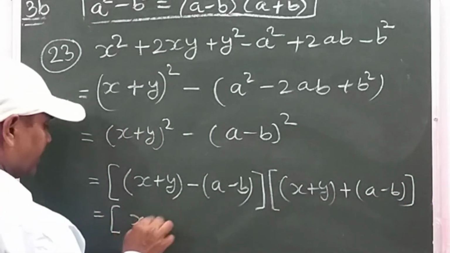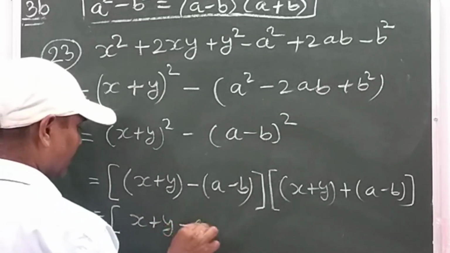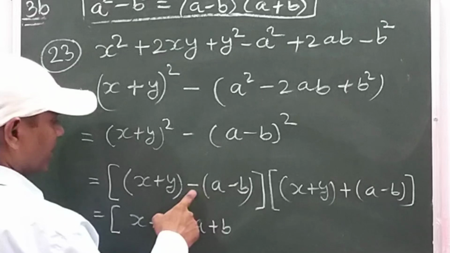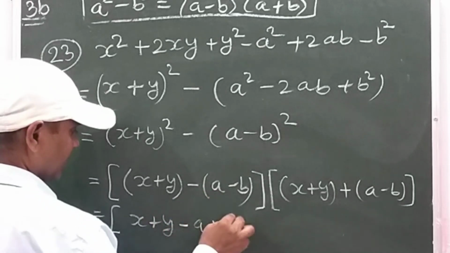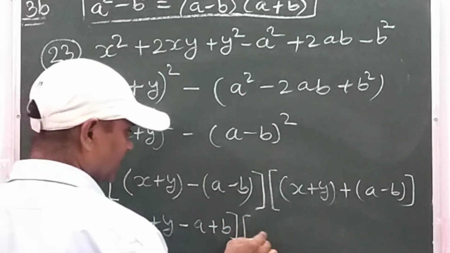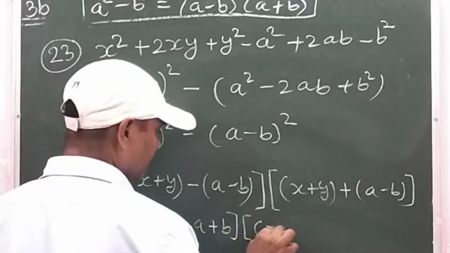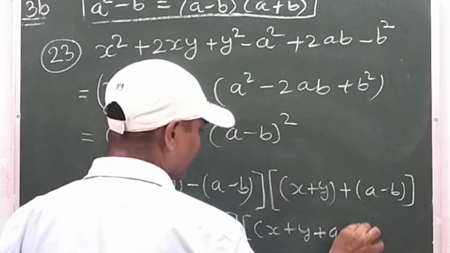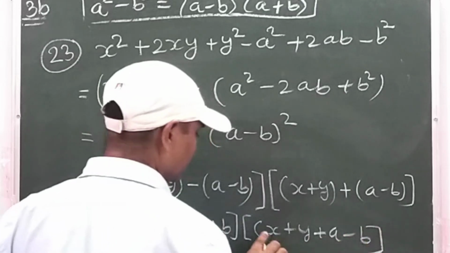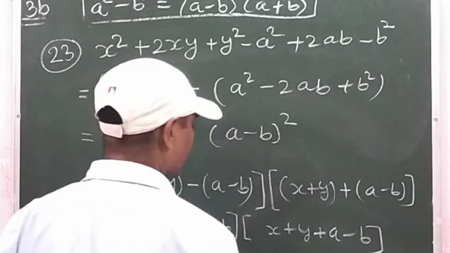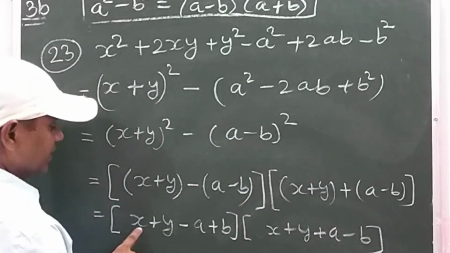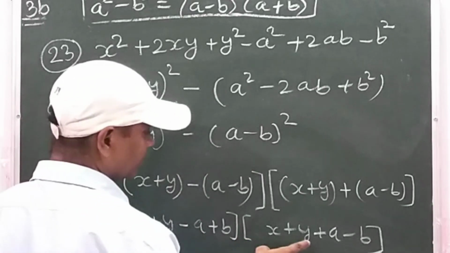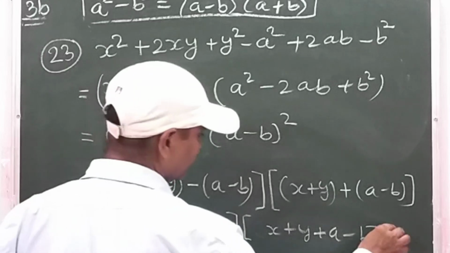So we can write here x plus y minus a plus b, if we multiply this minus in this bracket. And now we will multiply here x plus y plus a minus b. This is your question. Now finally your answer is x plus y minus a plus b in one bracket and x plus y plus a minus b in another bracket. This is your answer.